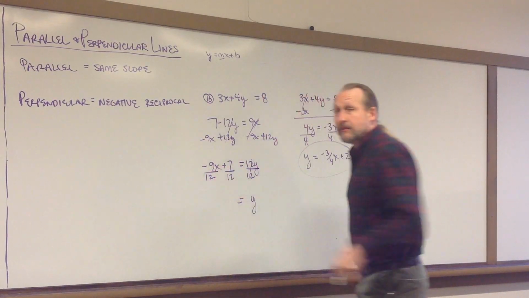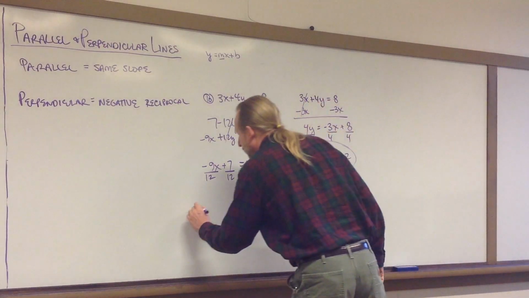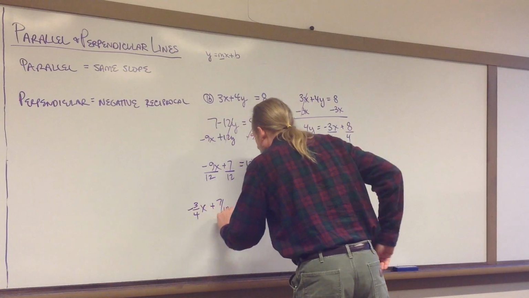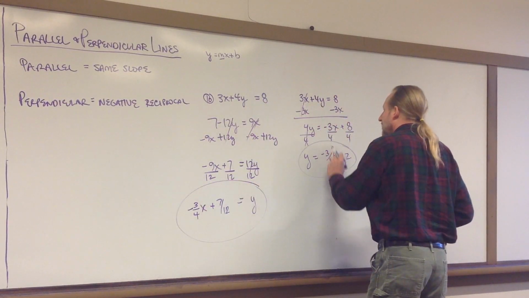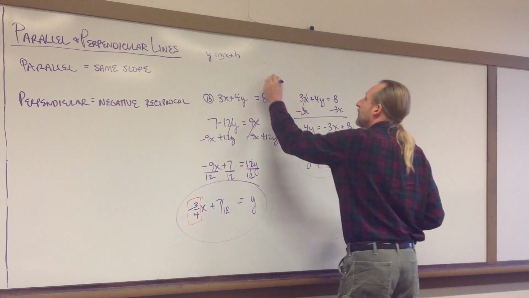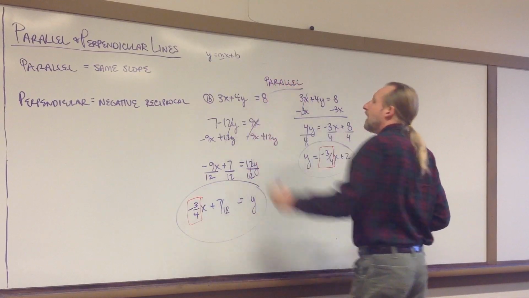So here you've got to reduce. Okay, divide them both by 3 and you'll get negative 3/4. And that's the key to seeing that these lines are parallel to each other. They both have a slope of negative 3/4, and therefore these lines are parallel.